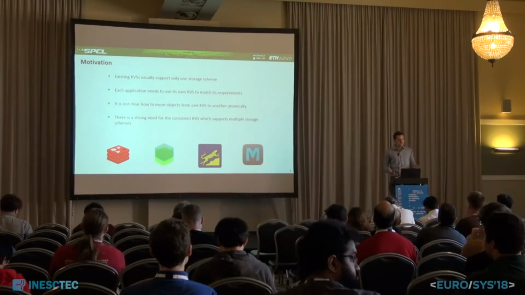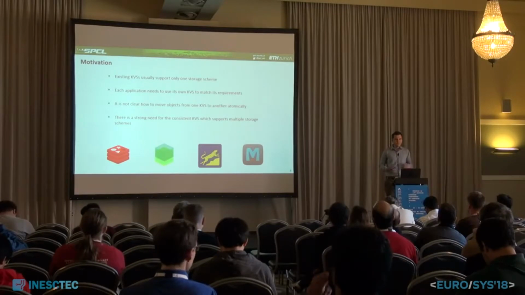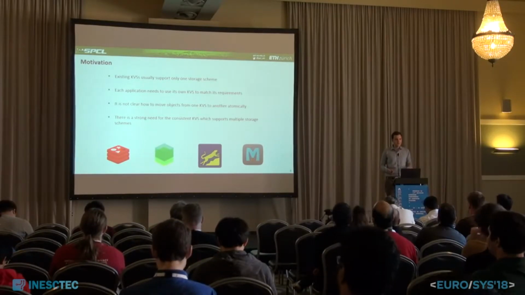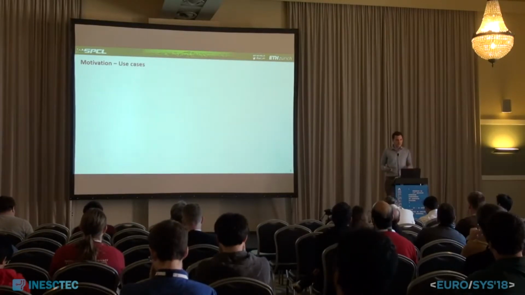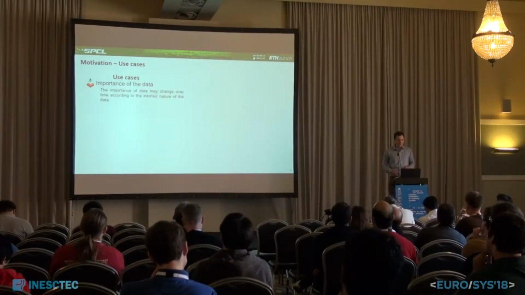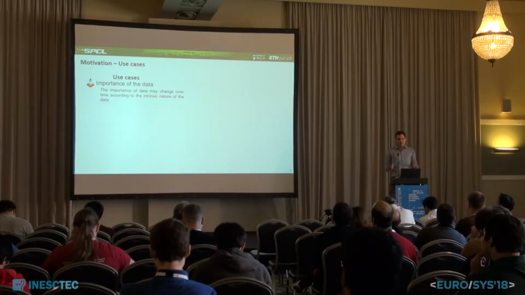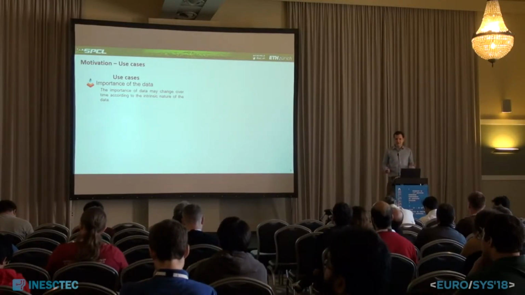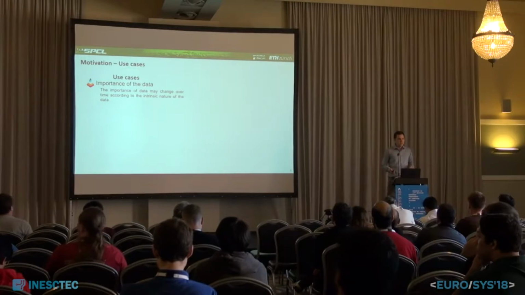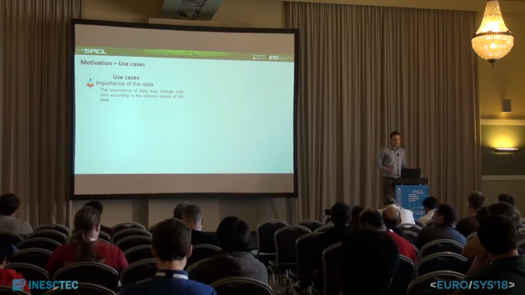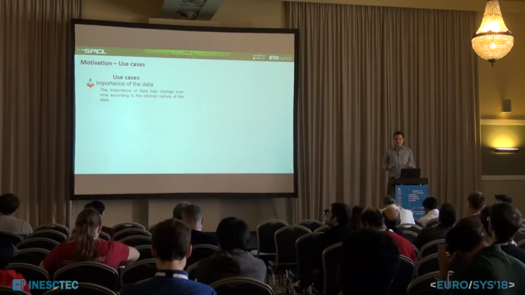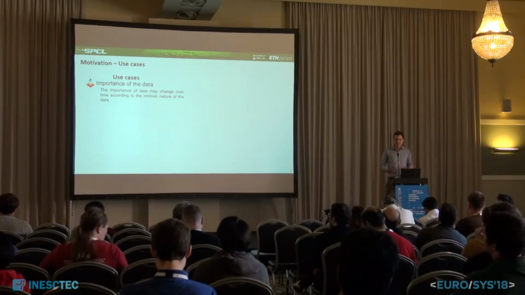So clearly there is a need for a key value store which can support multiple storage schemes, but now I'd like to introduce use cases of such a key value store. First of all, the importance of the data can change over time by the intrinsic nature of the data. For example, we can have temporary computations, and they shouldn't be stored redundantly. And when we've finished our computation, then we would like to store the results durably.